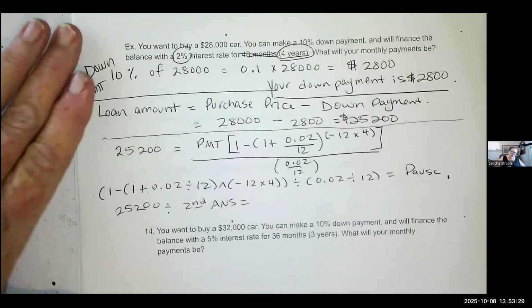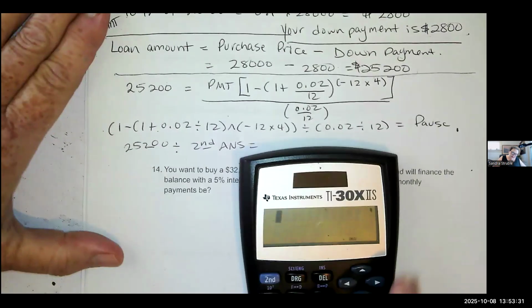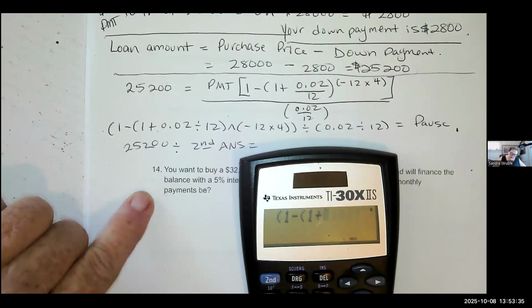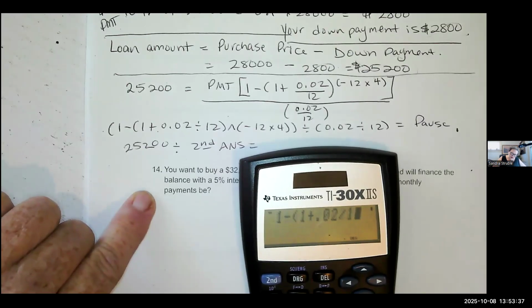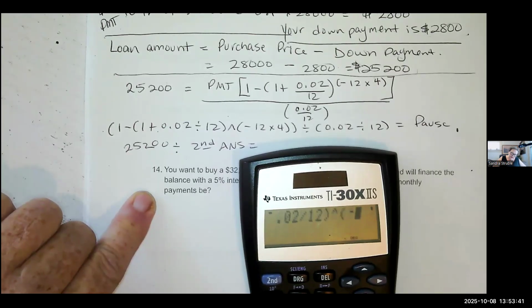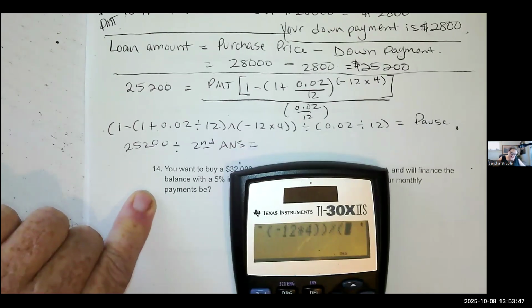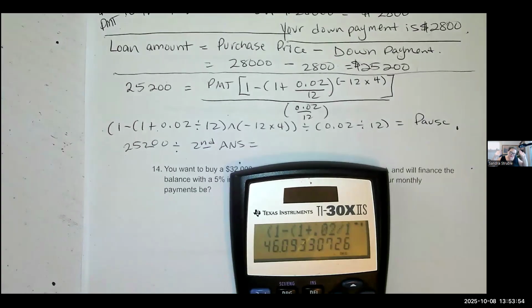So let's put this in together. Parenthesis 1 minus, parenthesis 1 plus, 0.02 divided by 12, close, caret, open, negative 12 times 4, close, close again, divided by open, 0.02 divided by 12, close, equals, pause.